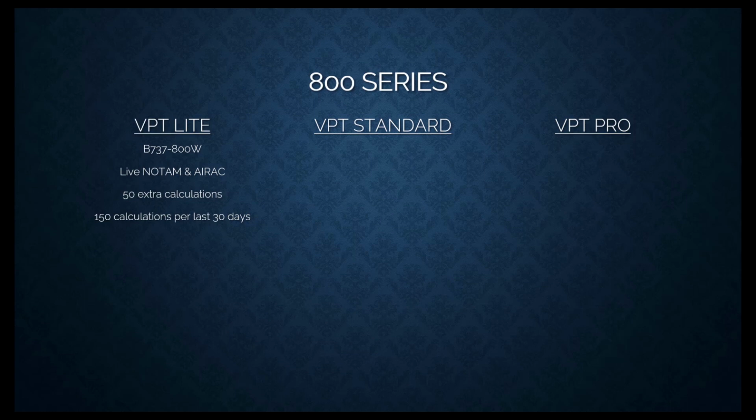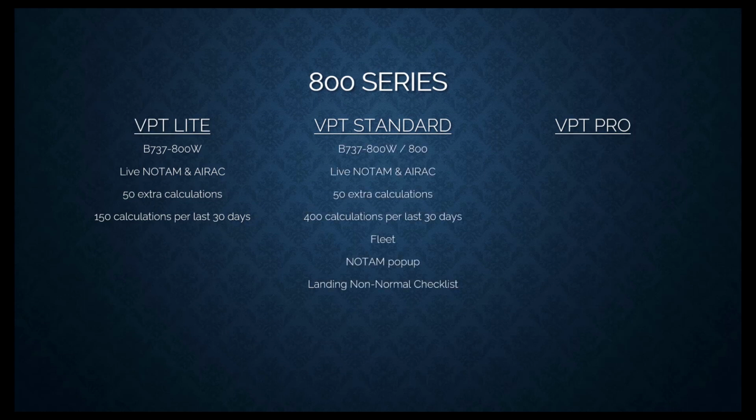Now let's move to the standard version. It's basically the same as the VPT Lite, except now we have the 800 without the winglet available. We still have the live NOTAM and ARAC updates. We also have these 50 extra calculations for the learning curve, and now we have 400 calculations per last 30 days.